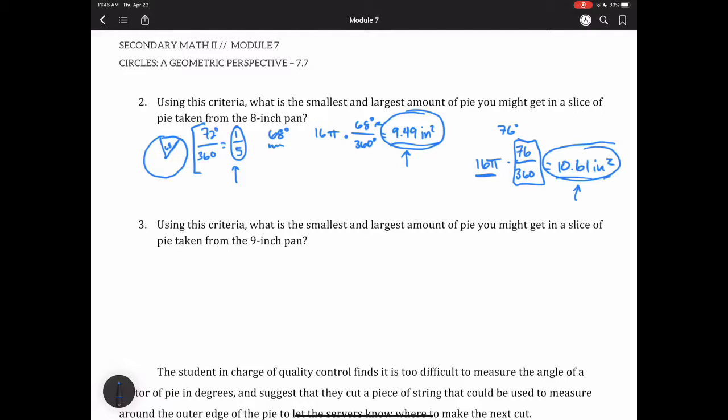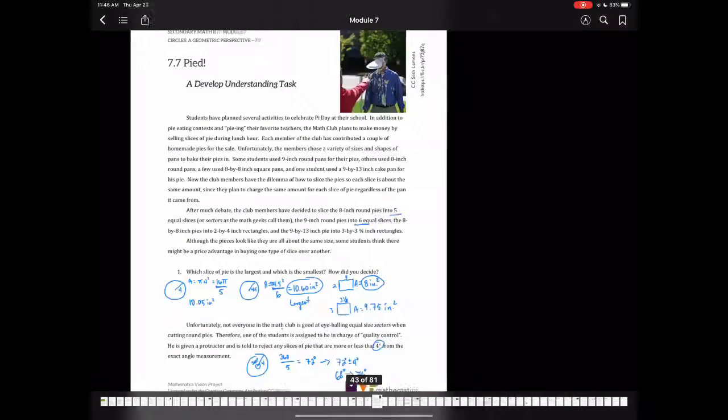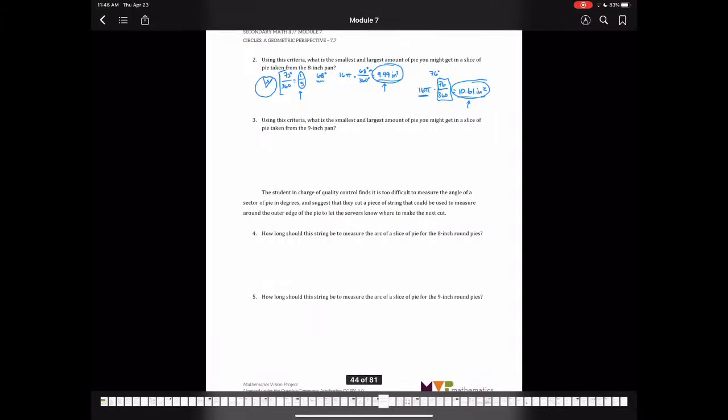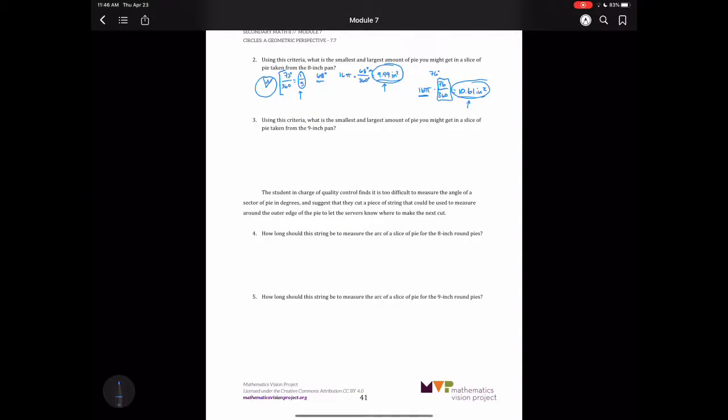So now we're going to use this criteria to say what's the smallest and largest amount of pie you might see in a slice of pie taken from the 9-inch pan, okay? And when we look back at the 9-inch pan, the total area of the 9-inch pan was pi times 4.5 squared divided by 6. So now, let's see, pi times 4.5 inches squared.